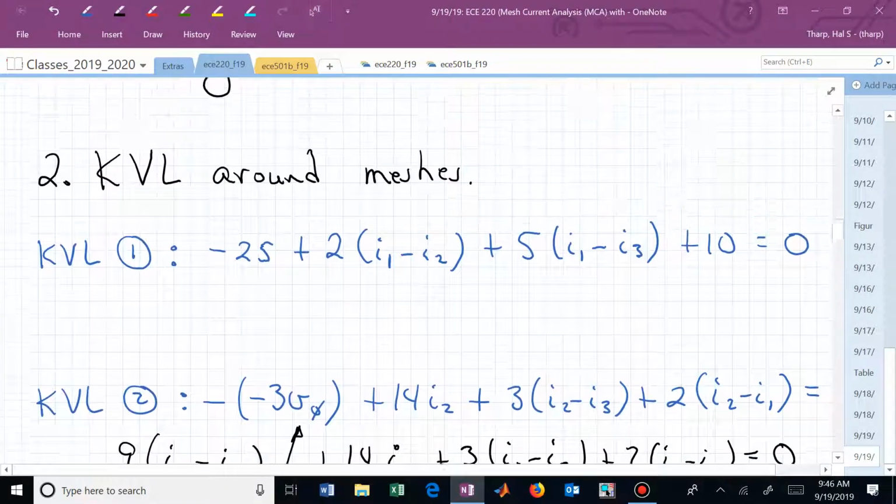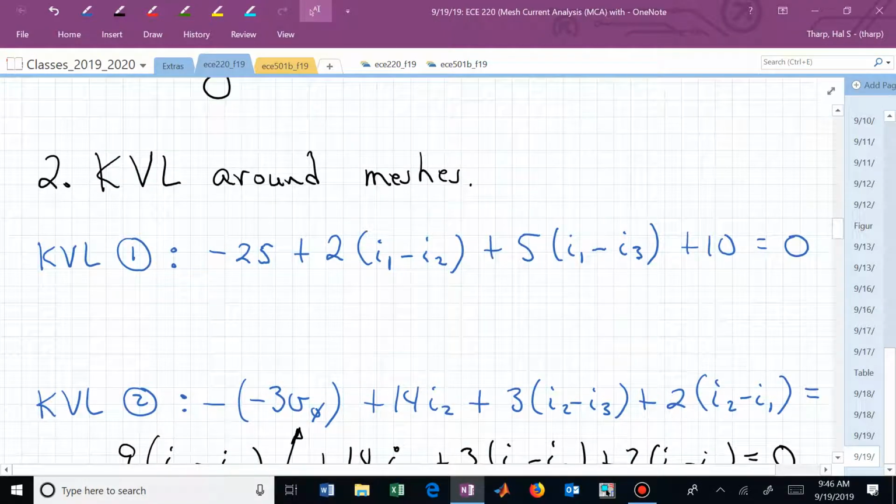If we simply expand or push all of these constants through, we can write the first equation in terms of I1, I2, and I3 equaling something. It's going to equal what's on the right-hand side when we solve for that. 25 minus 10 is 15. And we have 7 I1s, minus 2 I2s and minus 5 I3s.